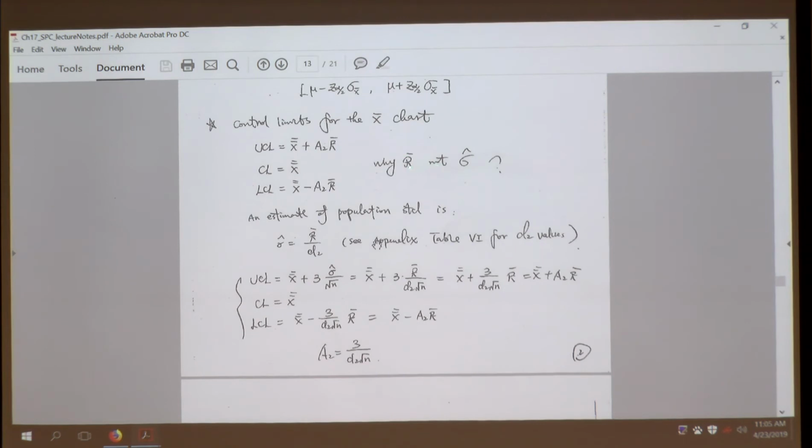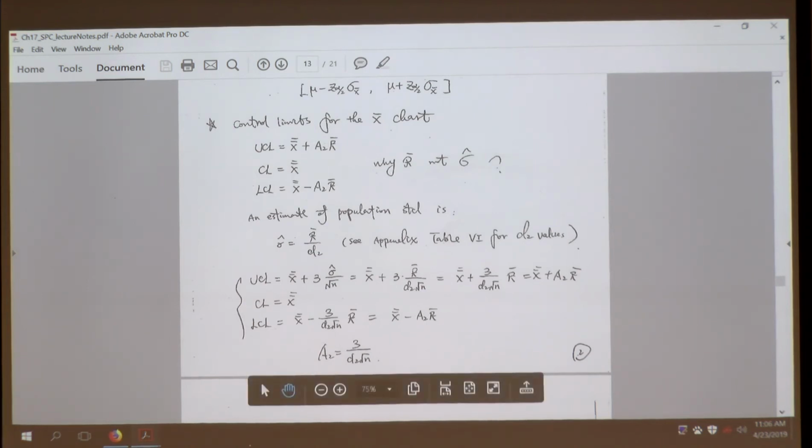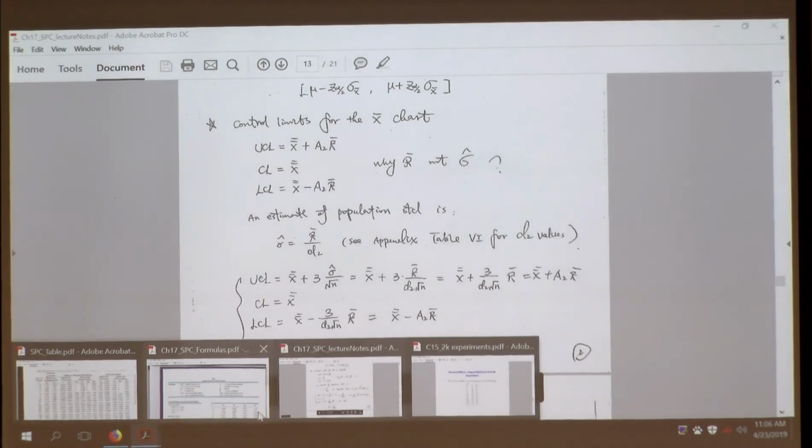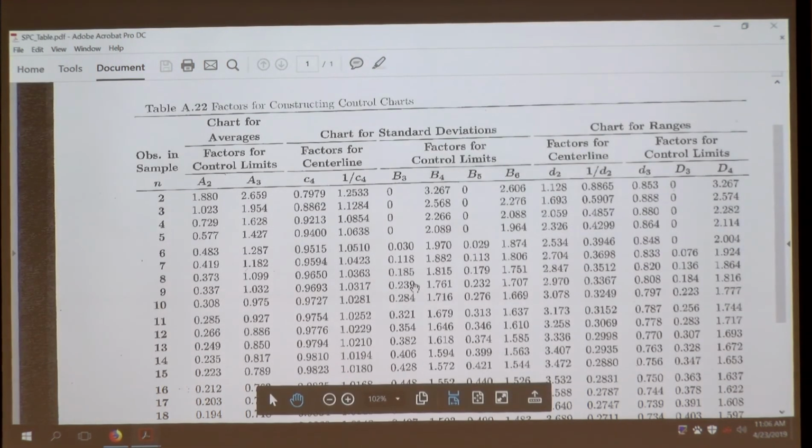And how do we get this estimation of the sigma hat? The sigma hat is actually R bar divided by D2. But how do we get D2? D2 is available in this table over here.